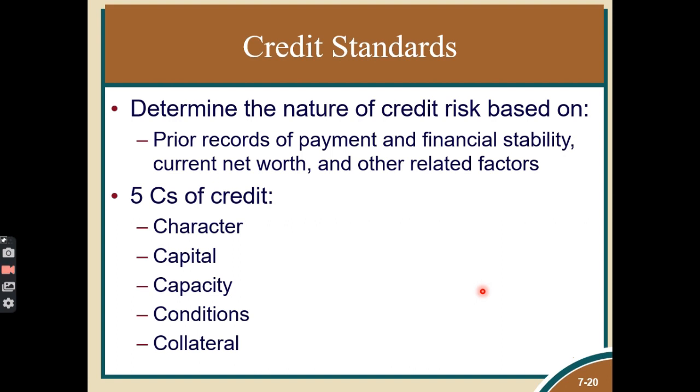In order for us to have a good credit standard, we need to follow the basic 5 C's of credit, which are character, capital, capacity, condition, and collateral.